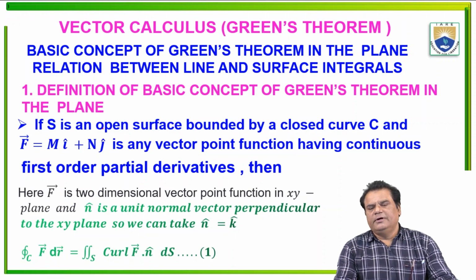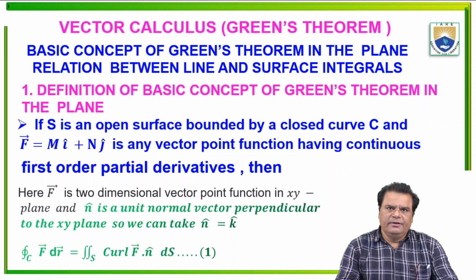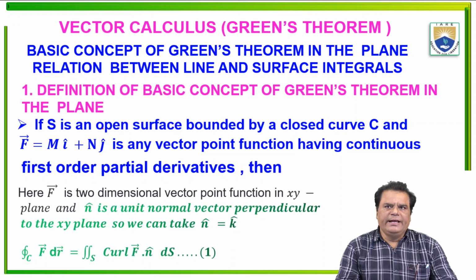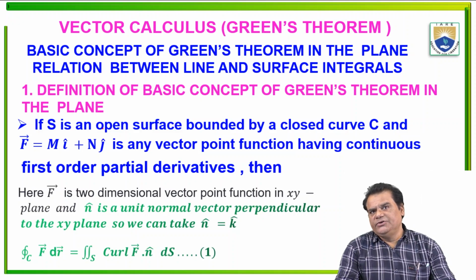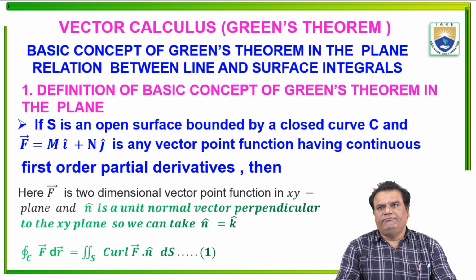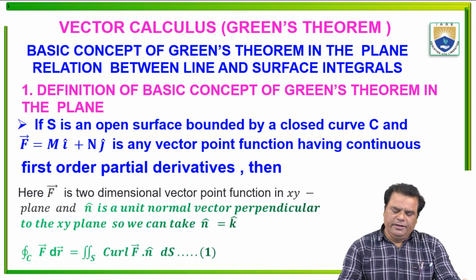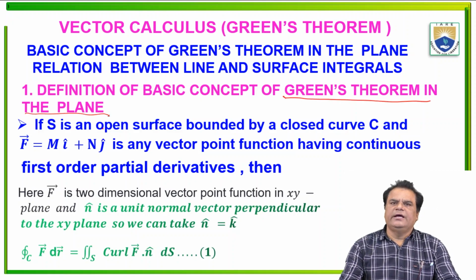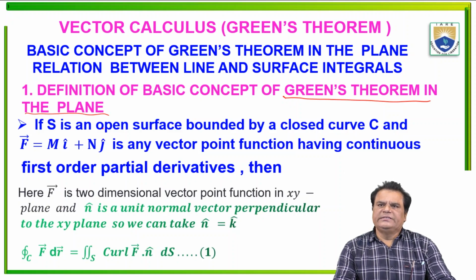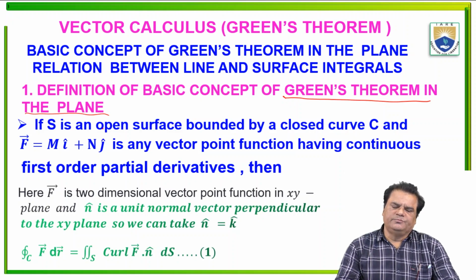In this problem a plane is given, and the relation between line and surface integral. So the first point is the definition of Green's theorem in the plane. What is Green's theorem in the plane? I want to discuss and define what is Green's theorem in the plane.